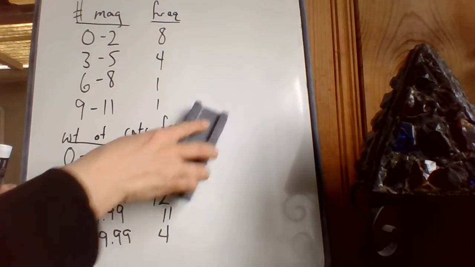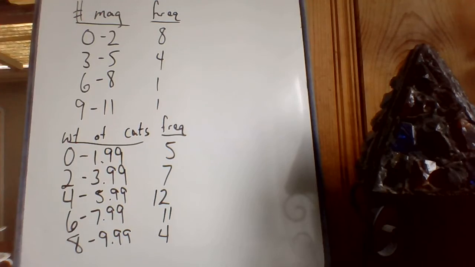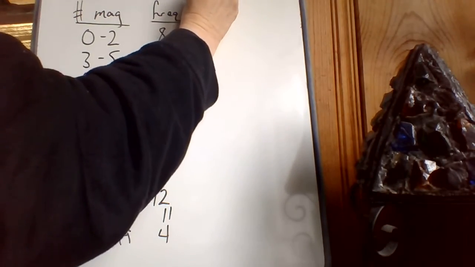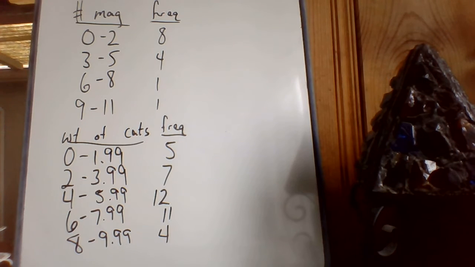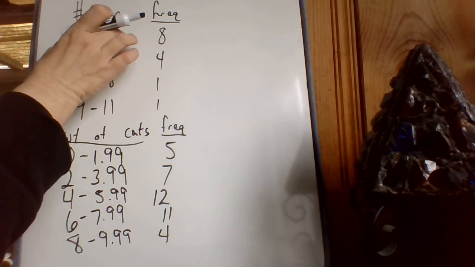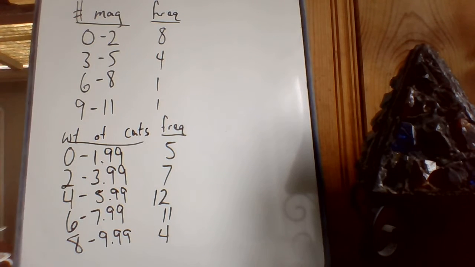Class midpoints. Now I'm going to need to do a midpoint for each and every class. So 0 to 2 has its own midpoint, and 3 to 5 has a different midpoint. What they are is the middle of each class.